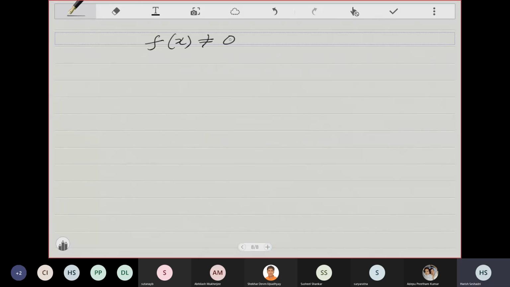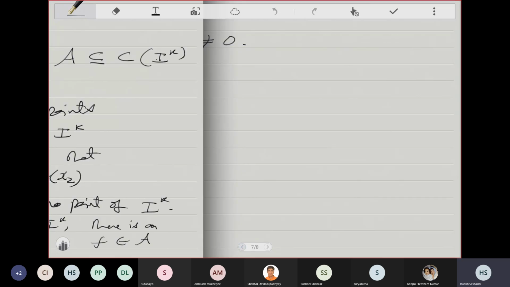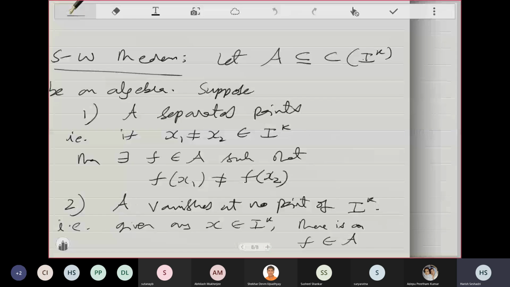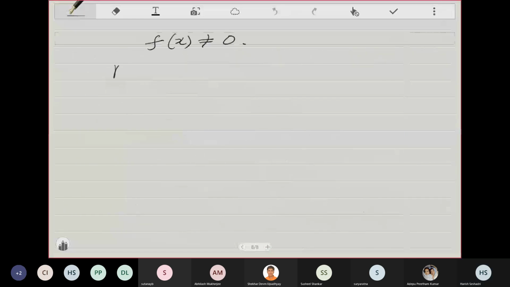So at every point, some function in the algebra will not be 0. These two hypotheses are the crucial insights which will make the Weierstrass theorem work for any algebra. So if you have these two conditions, then the same conclusion holds.